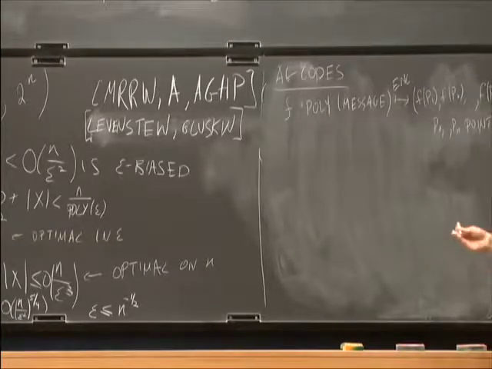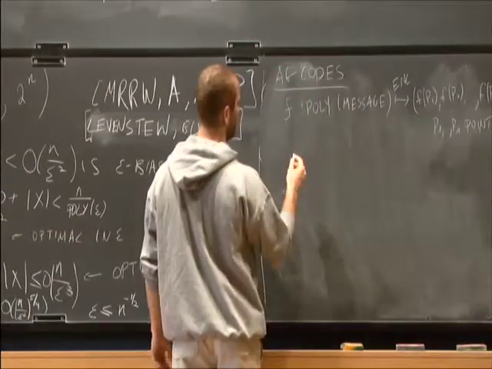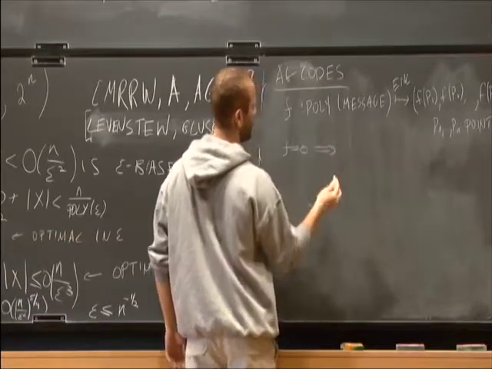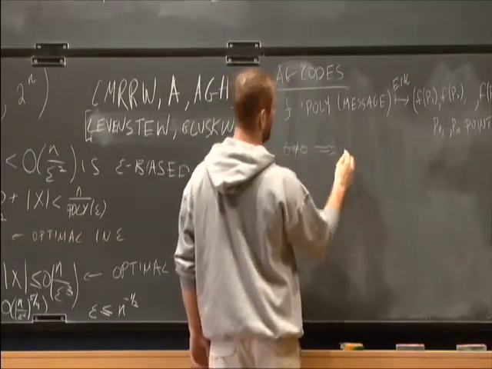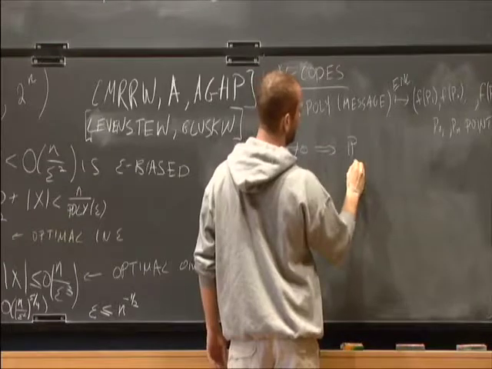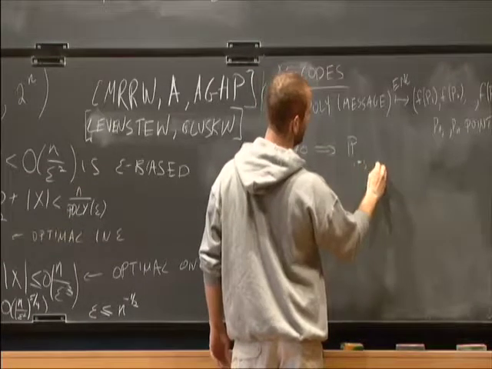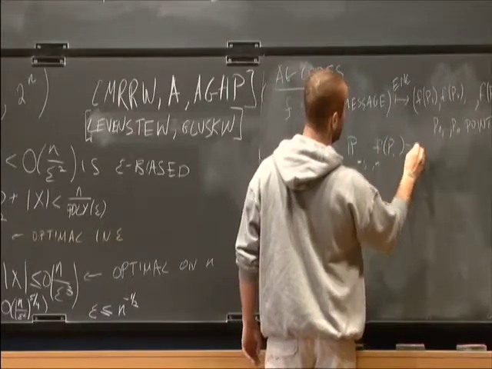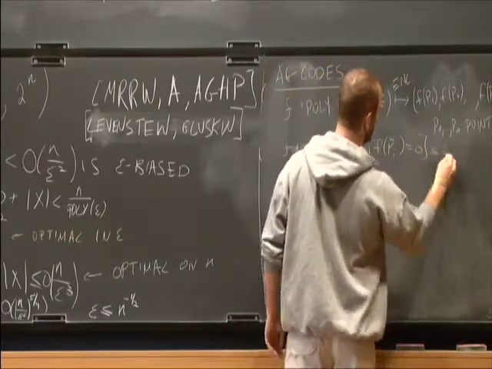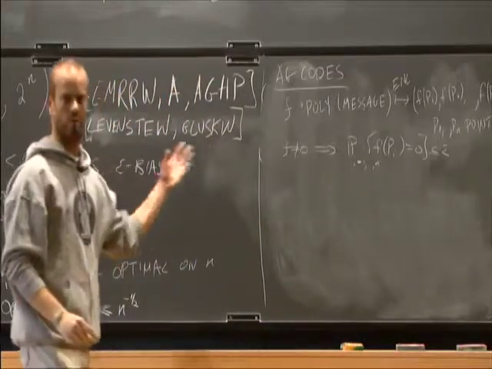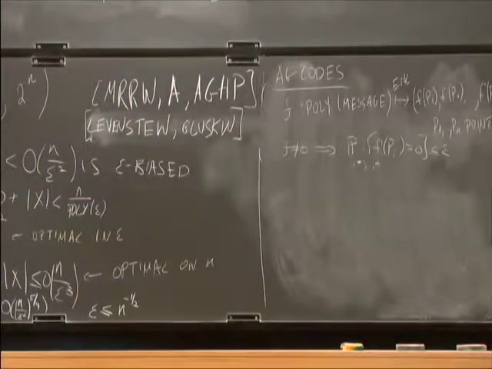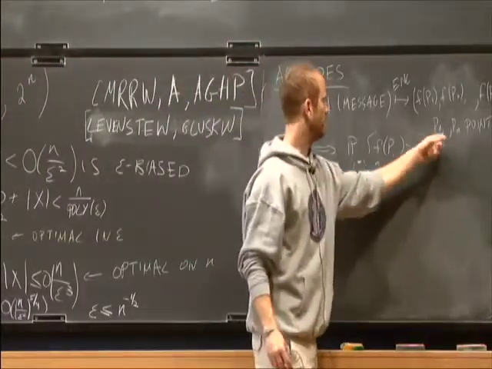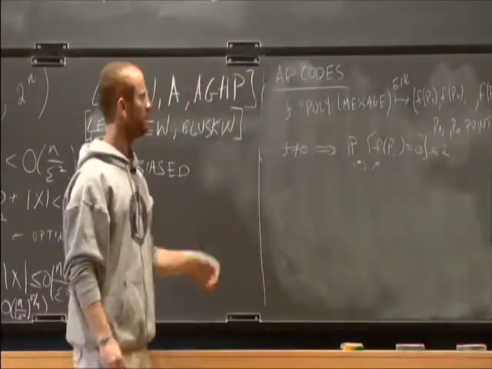The property we want is that if f is non-zero, then the probability over i from 1 to n that f of pi is 0 is at most epsilon. This is the condition we want, and this will be 1 minus the distance.